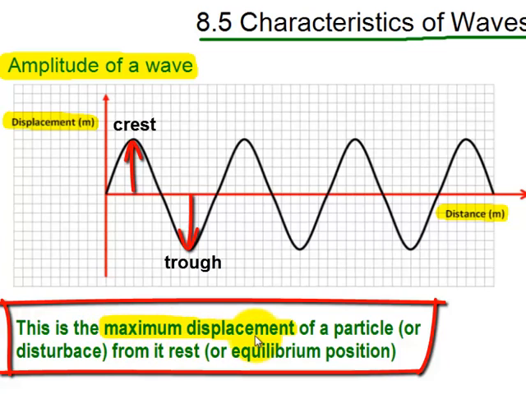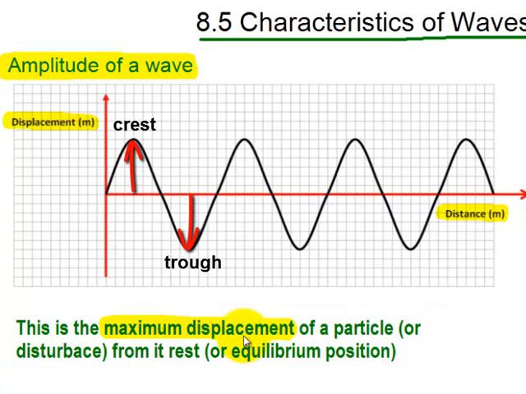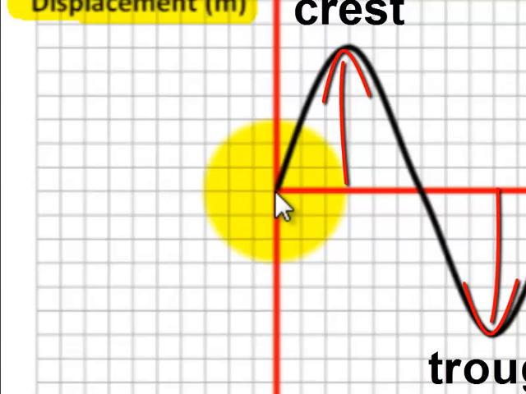What I have highlighted here, maximum displacement. Because particles do not always have maximum displacement. For instance, at this particular point, when distance is 0, the displacement is 0. But when the distance is, for example, 1, the displacement is 3.